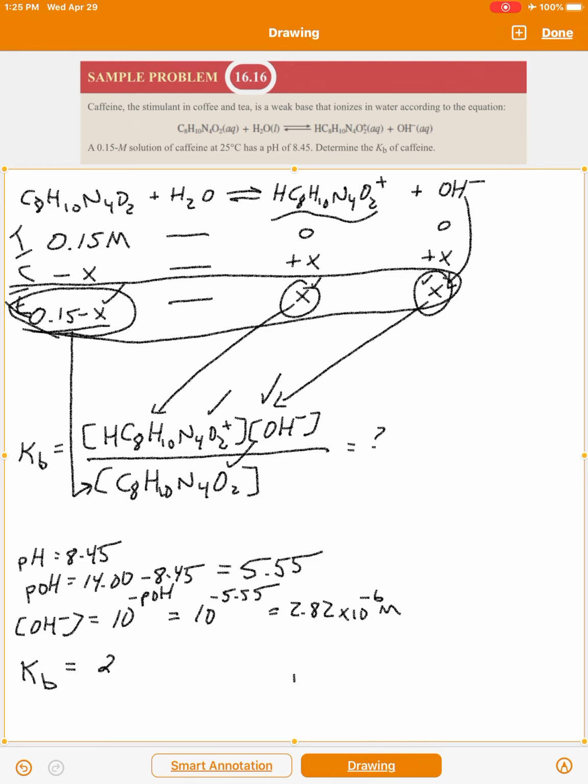That would be 2.82 times 10 to the minus 6 squared, divided by 0.15 minus 2.82 times 10 to the minus 6. That'll give us Kb.